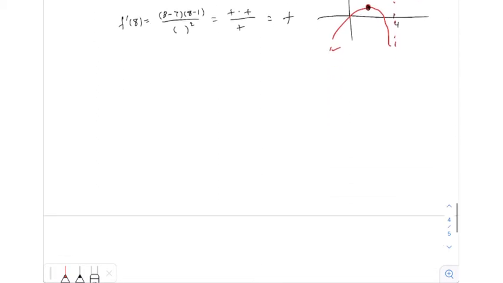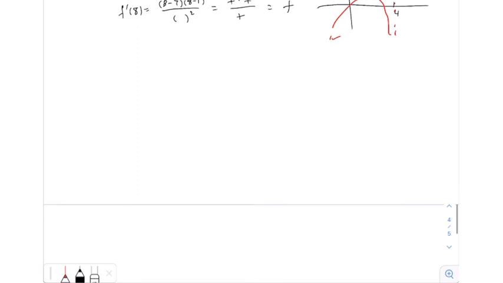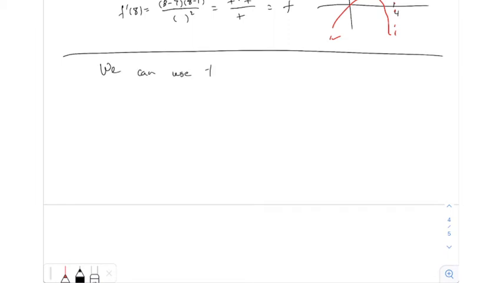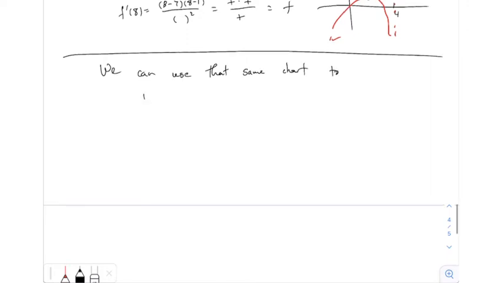So all of this is summarized in a theorem. We can use that same chart with the pluses and the minuses to identify local minimum and maximum points. Local mins and maxes.